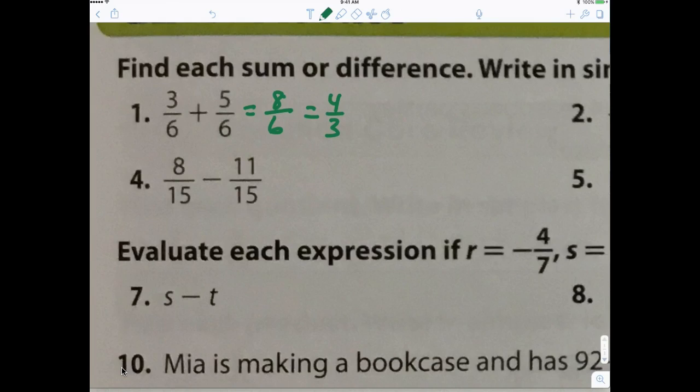Now, today I want to make kind of an exception because I said we're going to leave things as improper fractions. When you're dealing with adding and subtracting fractions, most of the time we're dealing with mixed fractions as we can. All right, is everybody with me on this? In this situation, I want you to just go ahead and tell me the answer is what? 1 1/3.